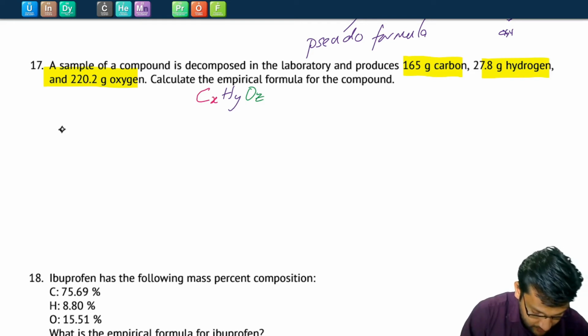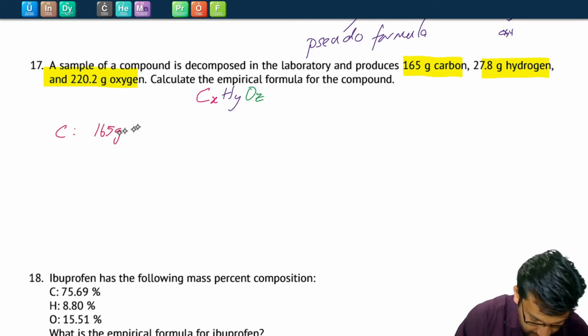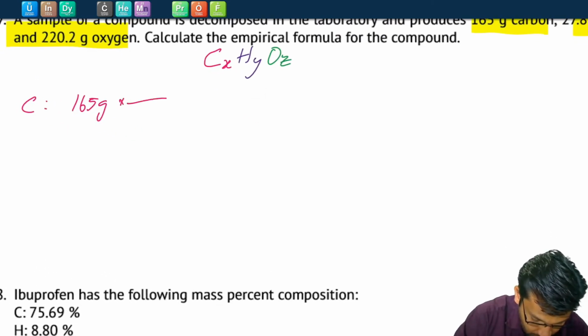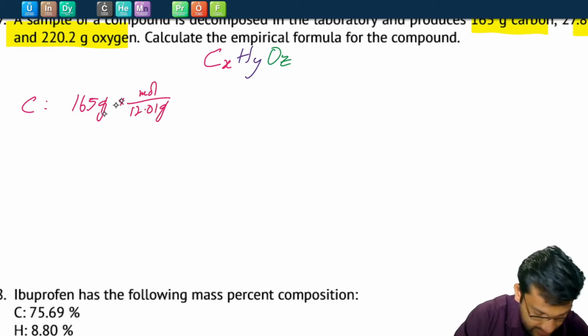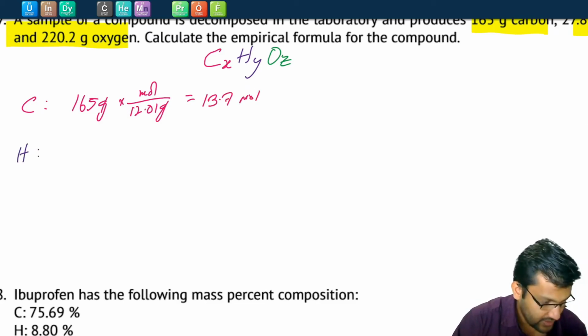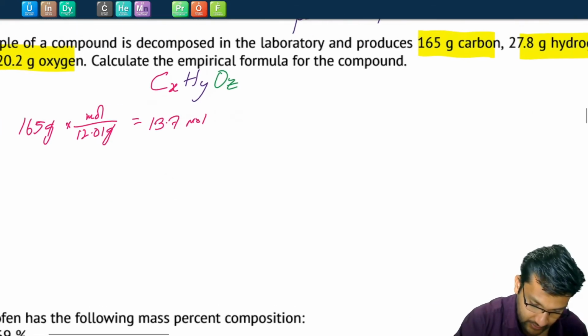Let's do carbon. We got a mass of 165 grams. Let's find the number of moles. The molar mass of carbon is 12.01 grams per mole. So that gives us, for carbon, 13.7 moles. For hydrogen, we started with 27.8 grams of hydrogen.